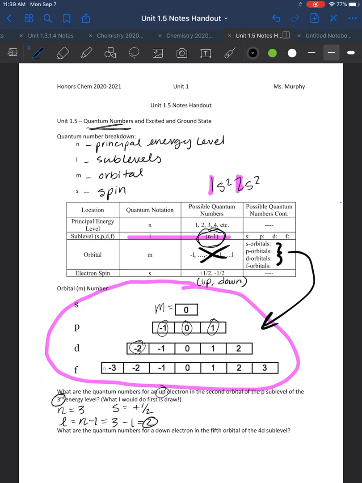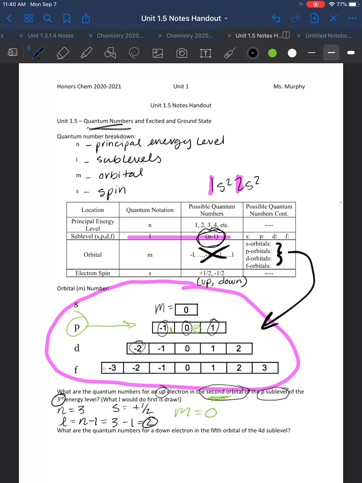It says we are on a P sublevel, and we're in the second orbital. If we're looking at a P sublevel, that would be this one. This is the first, this is the second, that means M is equal to 0.